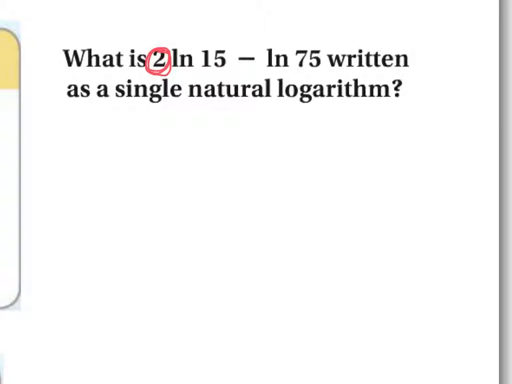It's already in front of the log, so work backwards: I can write it as the exponent of 15. So I have the natural log of 15 squared minus the natural log of 75.